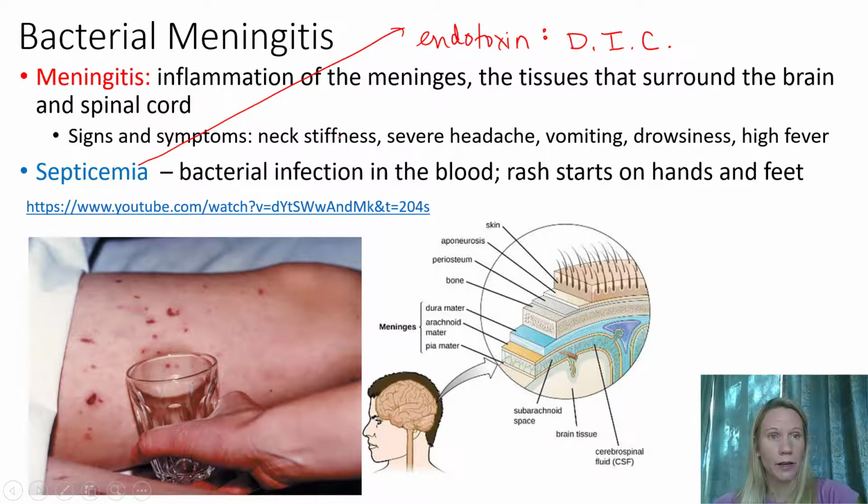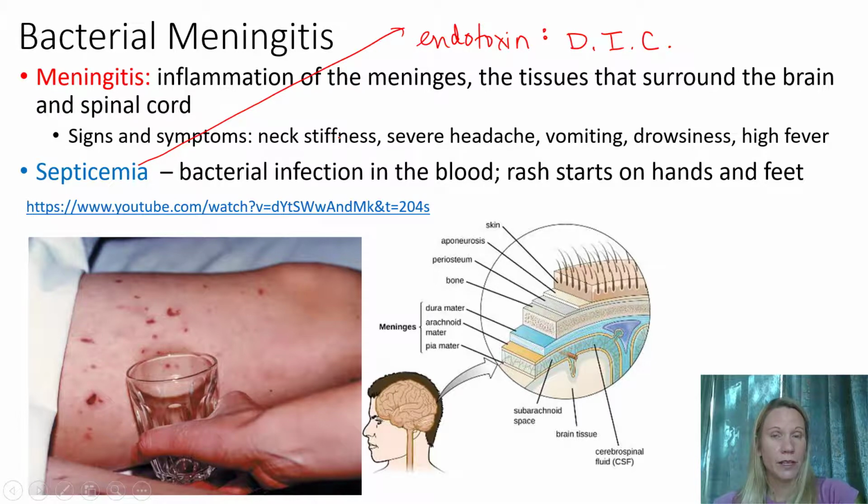That is the feature of endotoxin, and that is something we see with bacterial meningitis. Very rapid onset. Within even just 24 hours, somebody can develop the septicemia and die overnight.